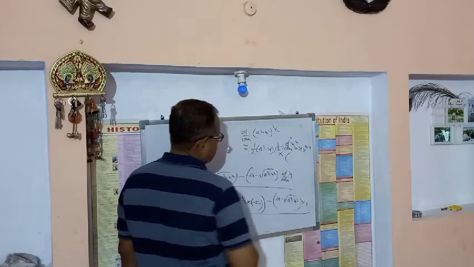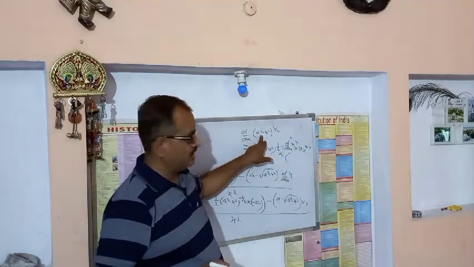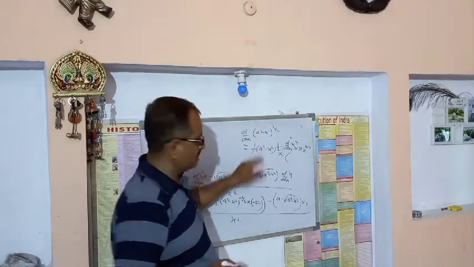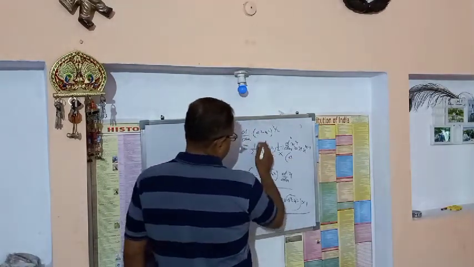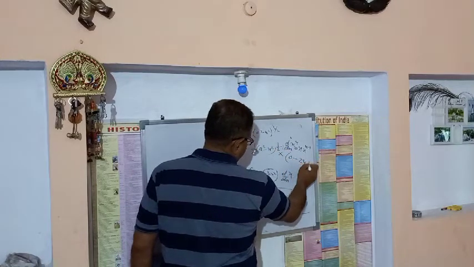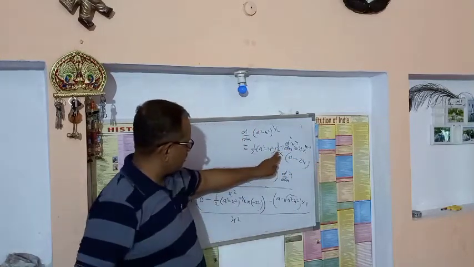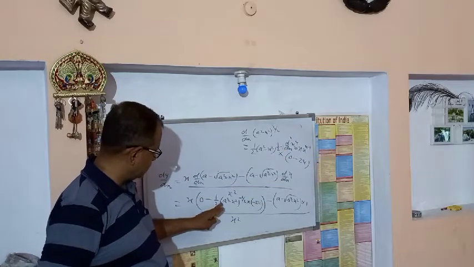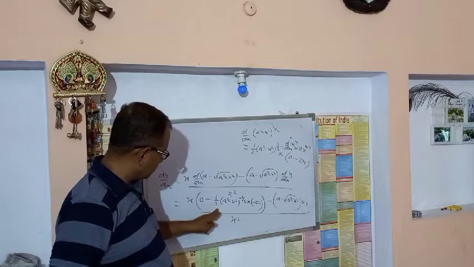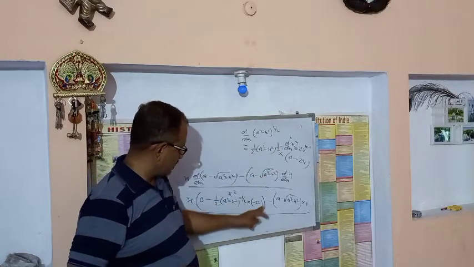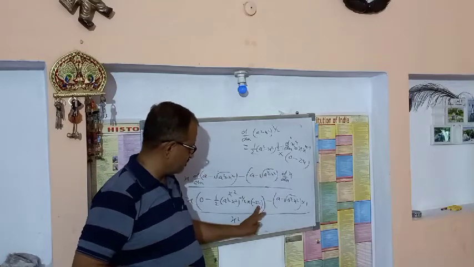Into the derivative of the inner function. The inner function is a square minus x square. A square is constant, so its derivative will be 0. Minus x square, derivative is 2x. So 1 by 2 minus 1 will be minus 1 by 2. So we have written 1 by 2 a square minus x square to the power minus 1 by 2 into 0 minus 2x.